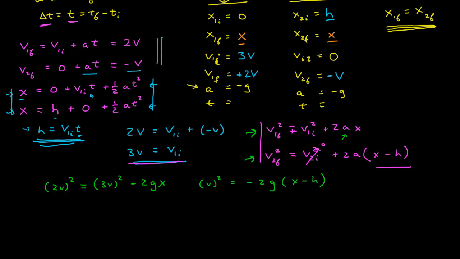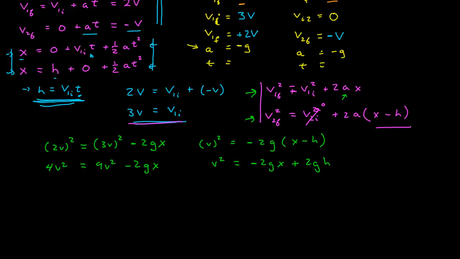All right, so if I just solve here, this gives me 4v squared is equal to 9v squared minus 2gx. And here we have v squared is equal to minus 2gx plus 2gh. And I think I can solve this now for v squared. If I substitute that into here for v squared, I eliminate v squared, and I'm left with x and h, and I should be able to find the position where they hit, x relative to h.